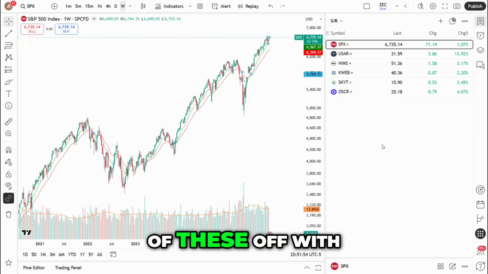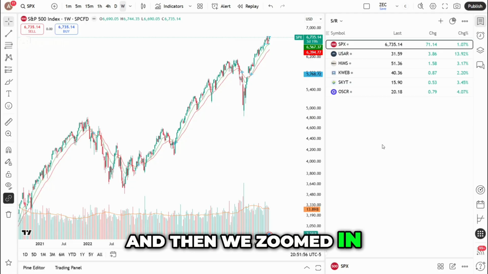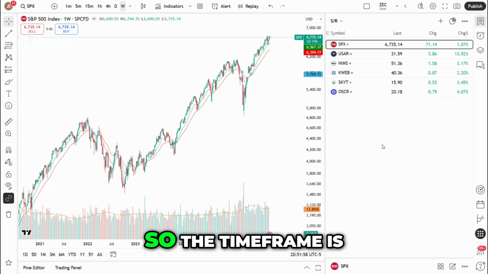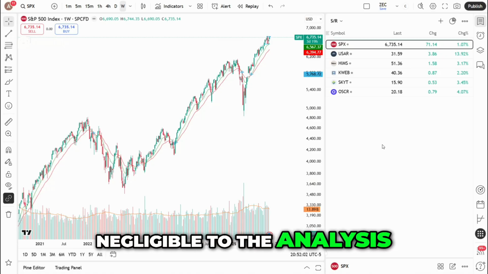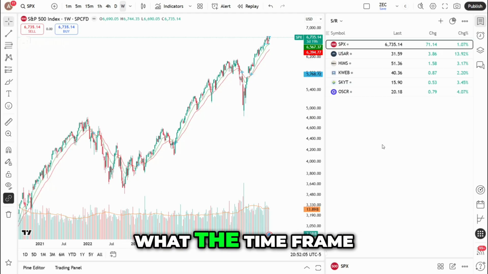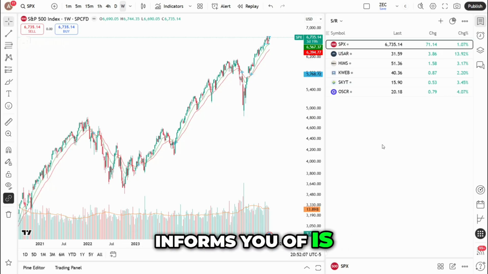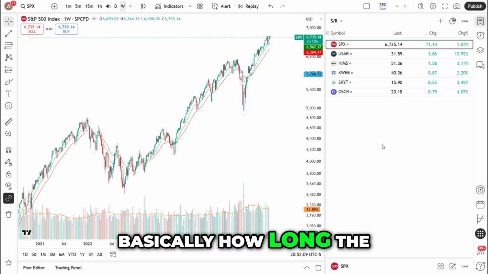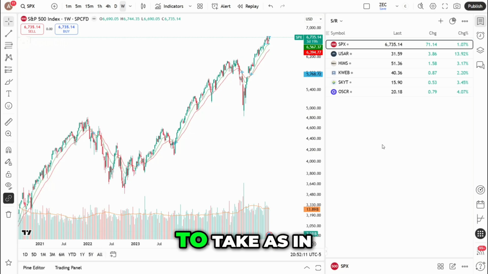And again, this does not apply only to the weekly time frames. We started a lot of these off with a weekly, and then we zoomed in. So the time frame is negligible to the analysis. What the time frame informs you of is basically how long the move should be anticipated to take.